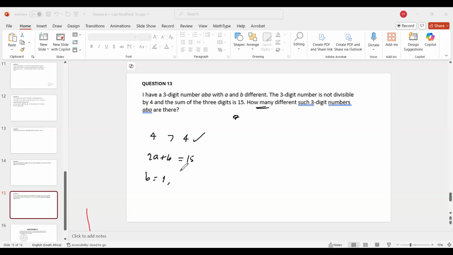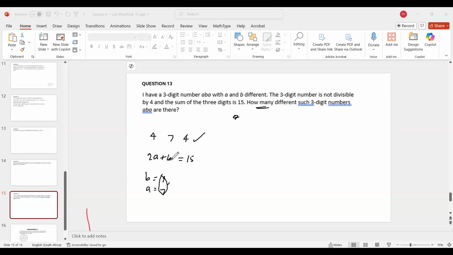I can try B equal to 1. Then 2A equals 14, so A is equal to 7. So you can have these two. Or if you put B equal to 2, then 15 minus 2 is 13, and 2A is not odd.